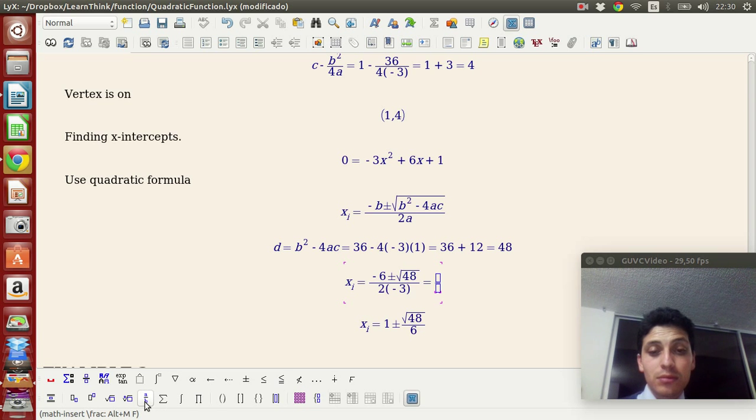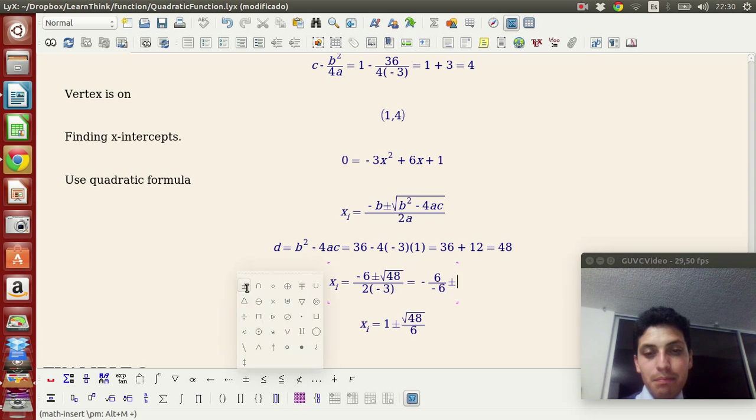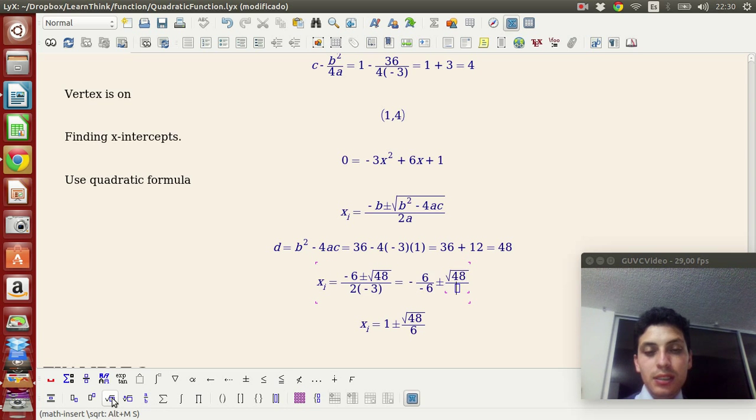We have minus 6 divided by minus 6, positive and negative, and the other fraction is the root of 48 divided by minus 6. Okay, but as positive and negative is just giving you two options, the minus 6 could be negative, positive, but there's no complication to have positive, negative.